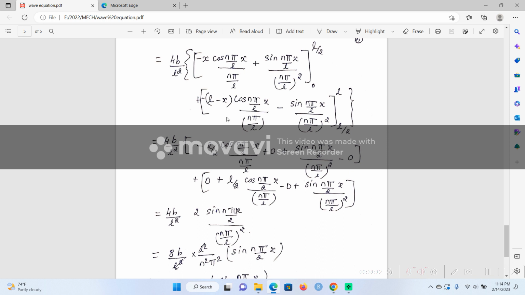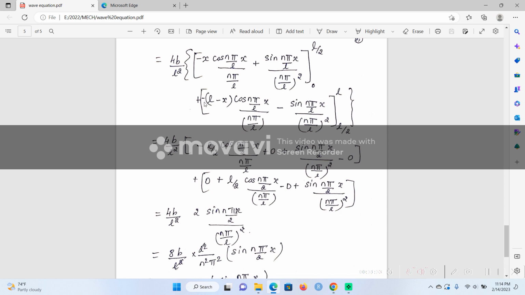When coming to this term, L minus x with x equal to L, so L minus L will be 0, so if we substitute the upper limit the whole term will be 0. If we go for the lower limit, it is L minus L by 2, which is L by 2.